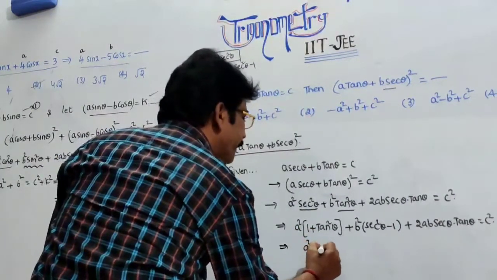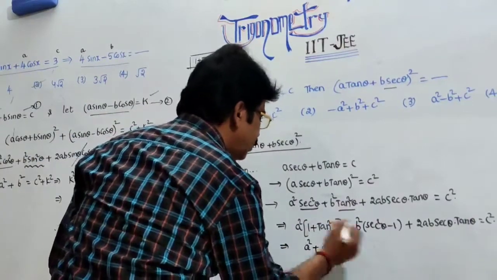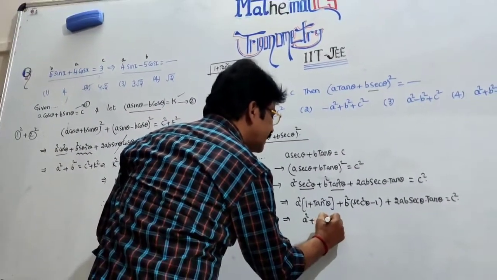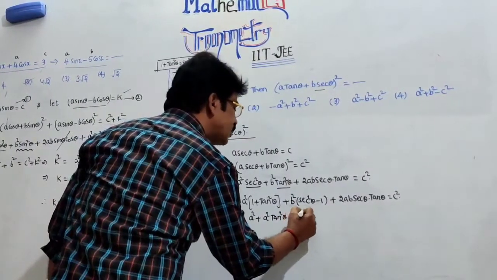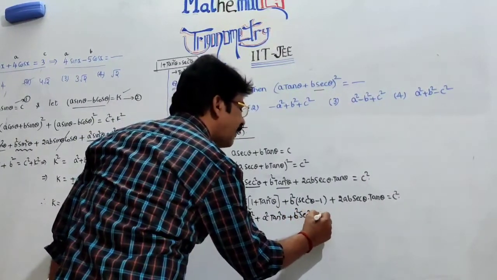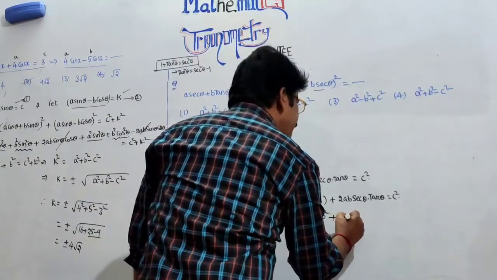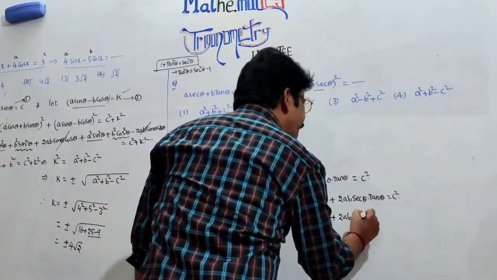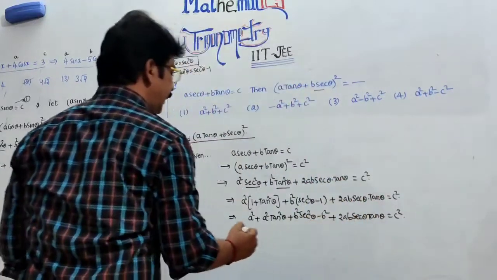A square, and let us open the bracket as usual. A square tan square theta plus B square secant square theta minus B square plus 2AB secant theta into tan theta, that is equal to C square.